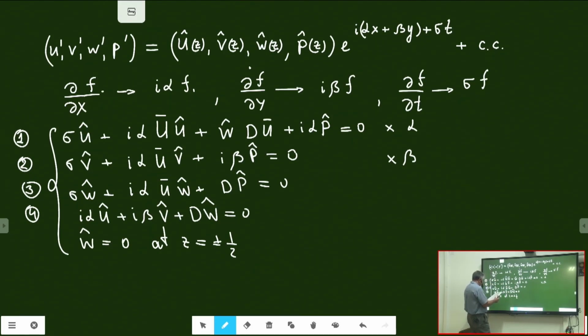If we take this equation, it contains hat quantities and alpha, right? So what I would like to do is to take this equation and multiply it by alpha tilde divided by alpha.